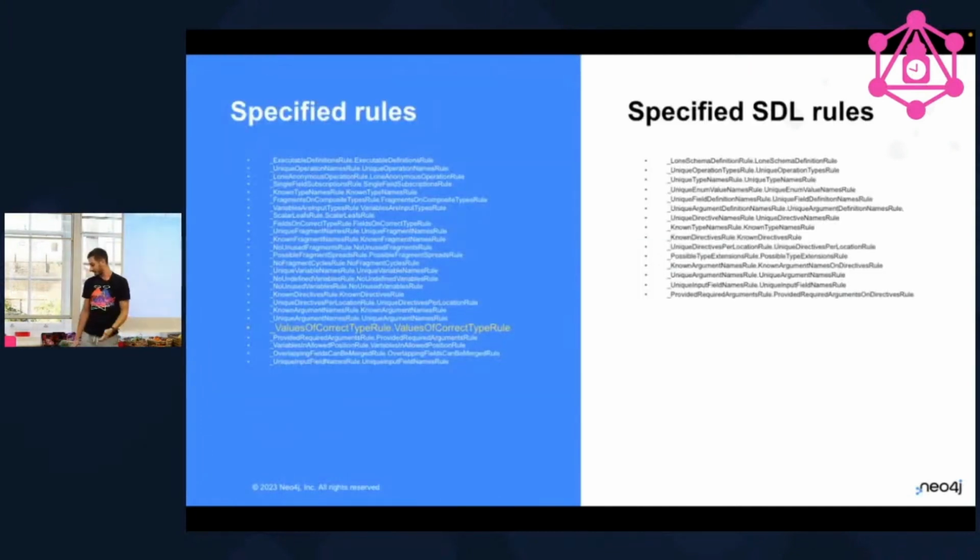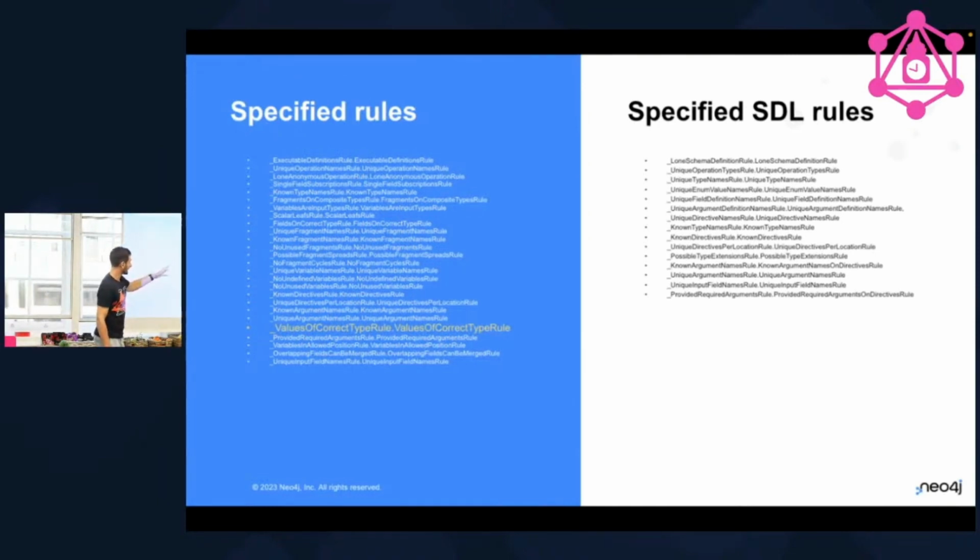It's originally about validation rules, but then actually you run into the reference GraphQL library, and you can find all of these specified rules in the library. But there are specified rules and there are specified SDL rules. SDL rules apply to the type definitions, which we saw before. It's a much smaller list, as you can see.